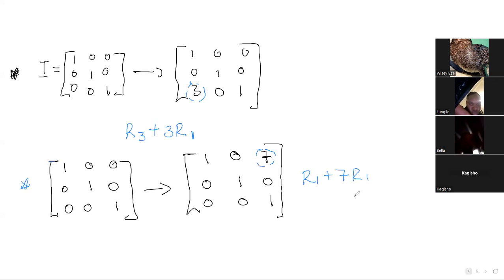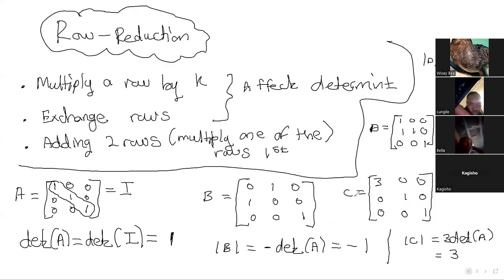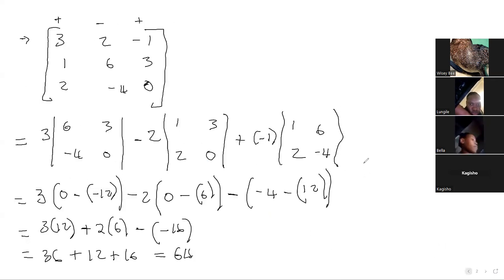Let me just look for a simpler matrix. Can't find my pen. Oh, there it is. 3, 2, minus 1, 1, 6, 3, 2, minus 4, 0.